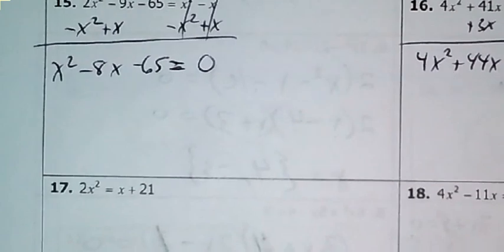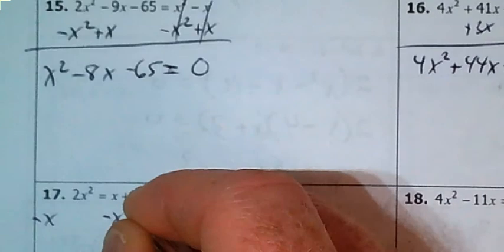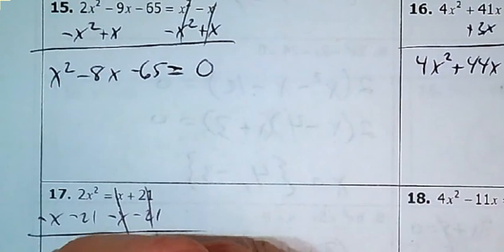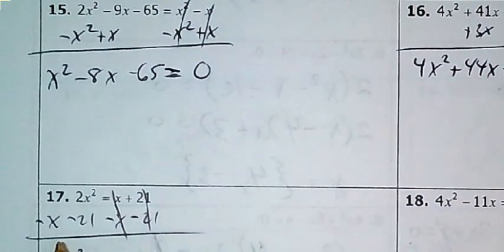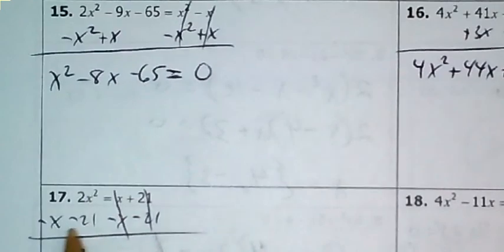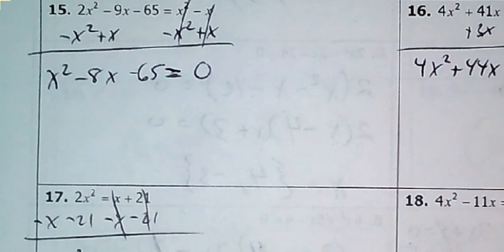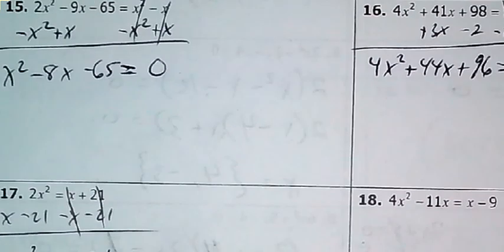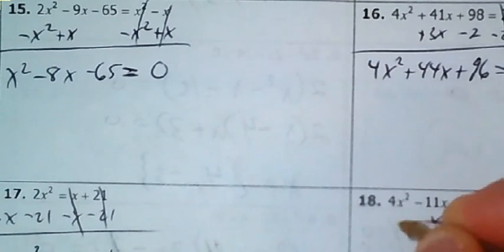All right, number 17. Minus x, minus 21, minus 21. So 2x squared minus x minus 21 equals 0. Notice there's nothing to combine the negative x and the negative 21 with, so we just write an expression. And then 18: minus x from both sides, and add 9 to both sides.